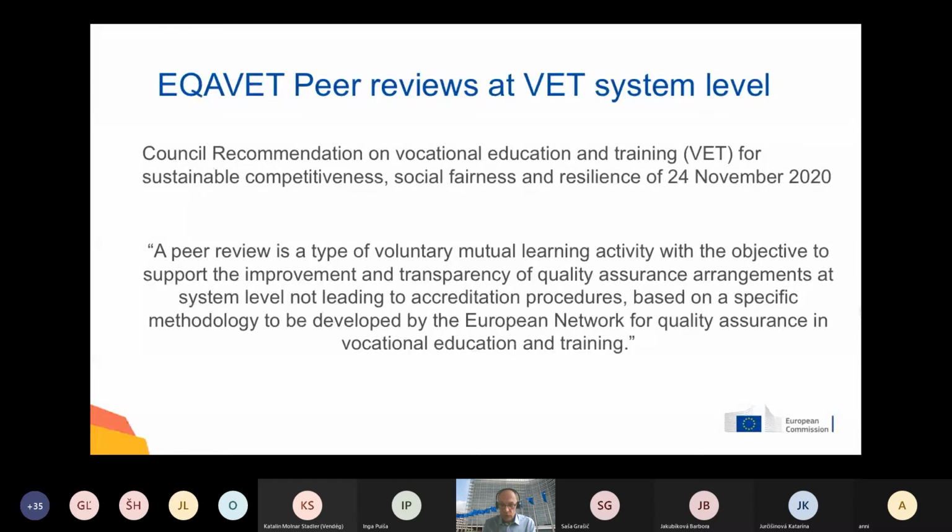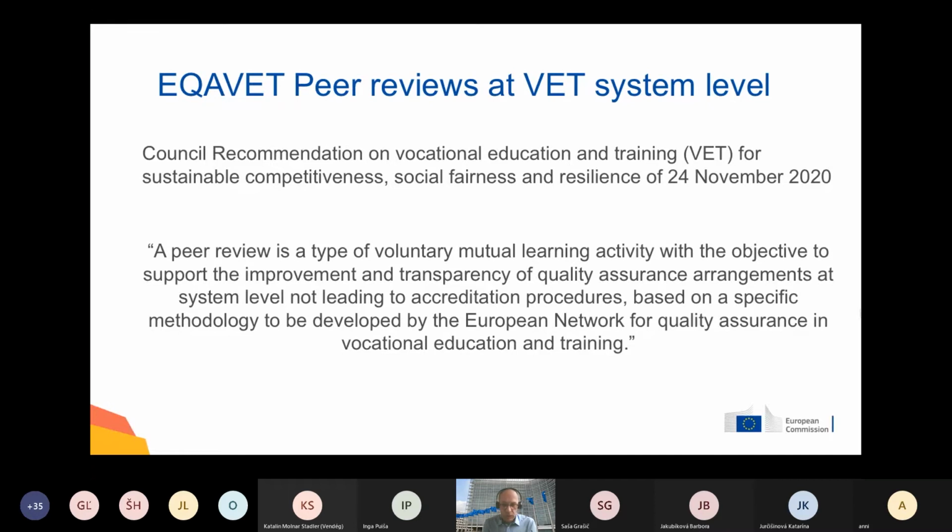The third objective is about bringing more transparency to quality assurance arrangements. Here I refer, for example, to the external evaluation which was done on the EQAVET implementation, which pointed out that this issue of transparency is perhaps less addressed by EQAVET.